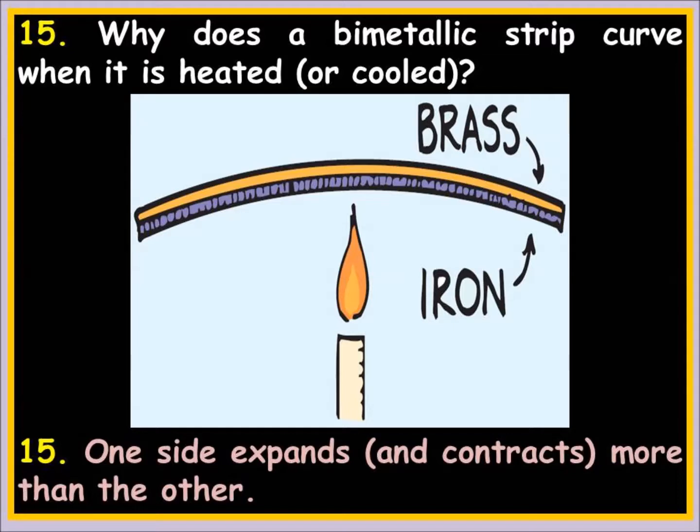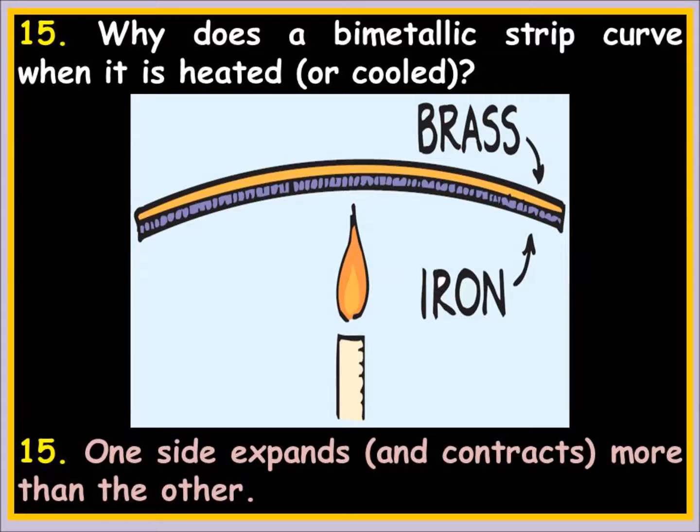Why does a bimetal strip curve when it is heated? Because of the differences in the coefficient of thermal expansion. Coefficients of thermal expansion are specific to an individual substance. Solids and liquids have intensive, characteristic physical properties, one of which is the coefficient of thermal expansion, either volume or linear.